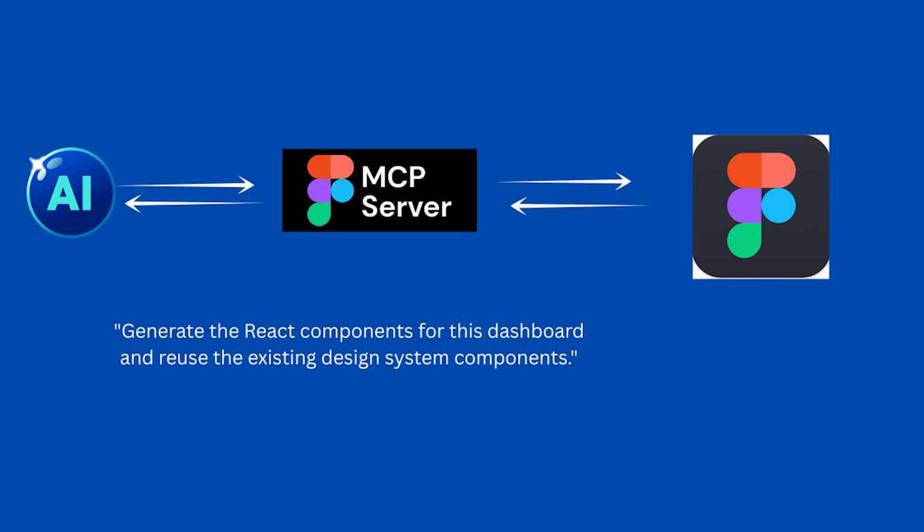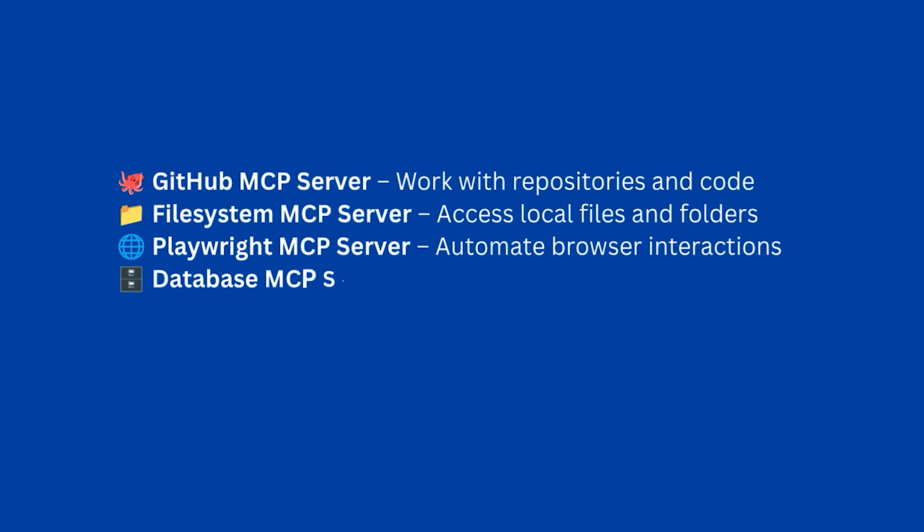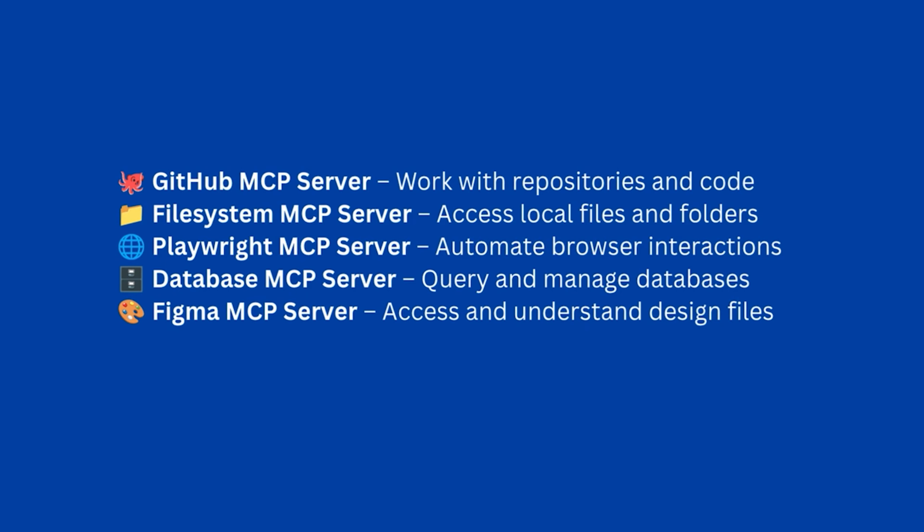So instead of treating Figma as just a visual reference, your AI can work with the actual design data, helping you build interfaces that are more accurate and consistent with the original design. For front-end developers, full-stack developers, or teams working with designers, the Figma MCP Server is one of the most valuable MCP servers available today.